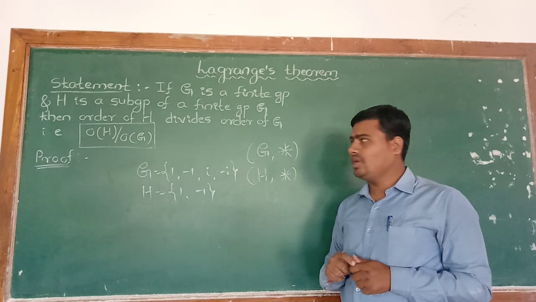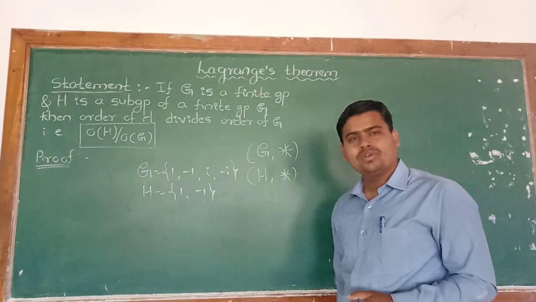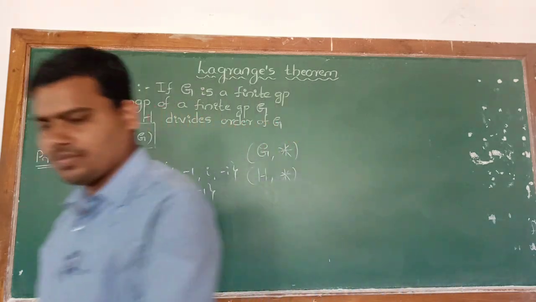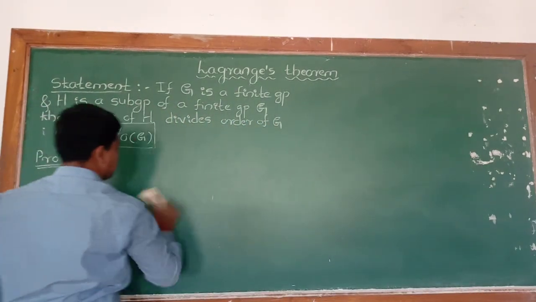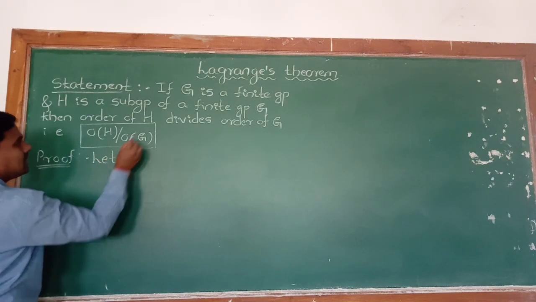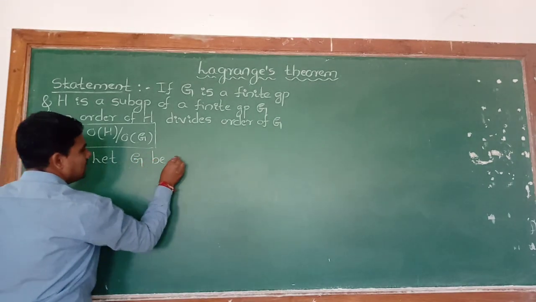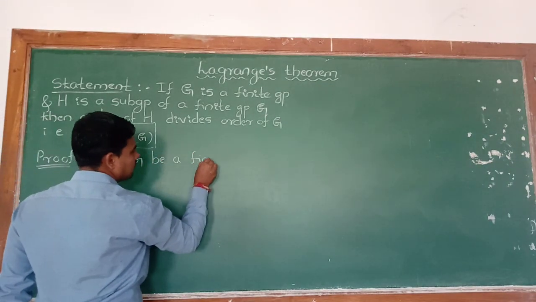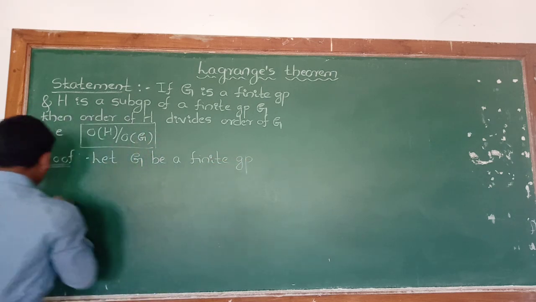Let's see the proof. By knowing all these definitions we can prove Lagrange's theorem. What is given here? G is a finite group. Write down: let G be a finite group of order n.